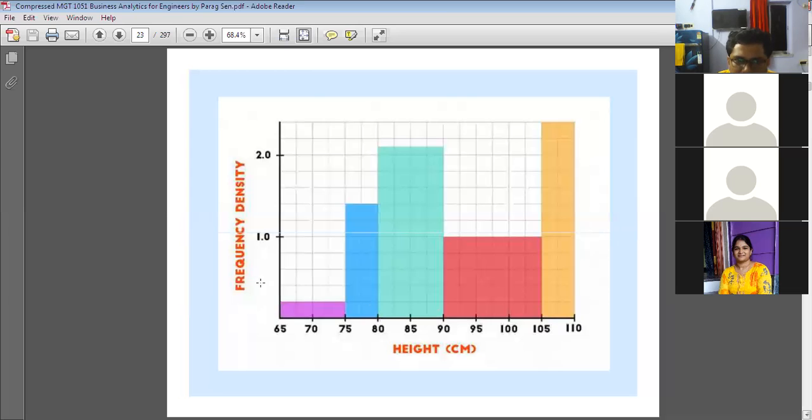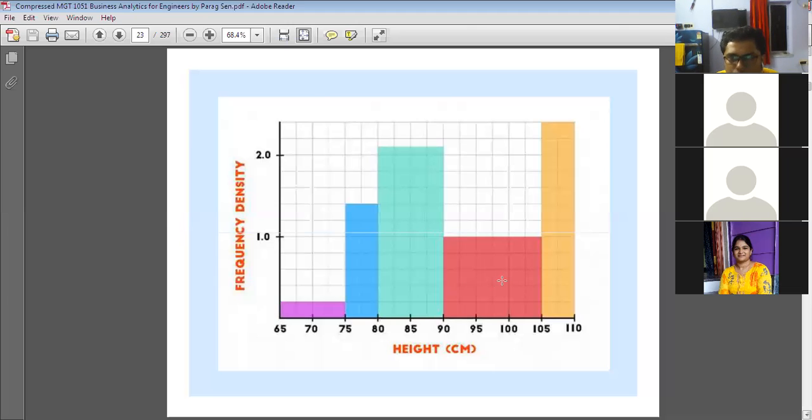So this height cannot represent the frequency. This height is definitely representing the frequency density. Based on this concept of the histogram, you are getting the concept of the continuous distribution.